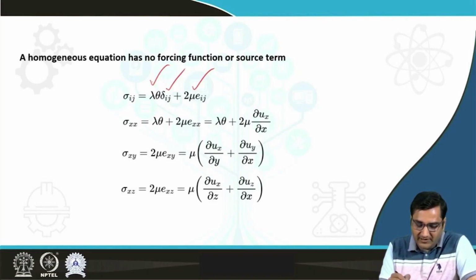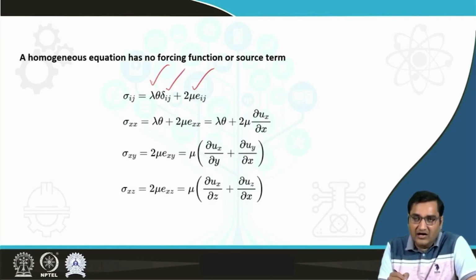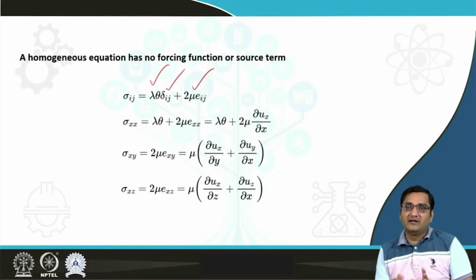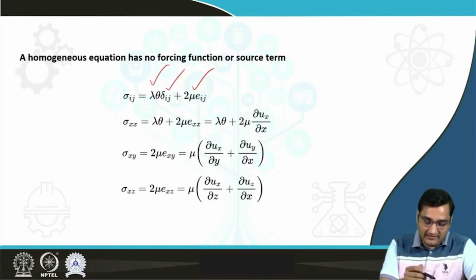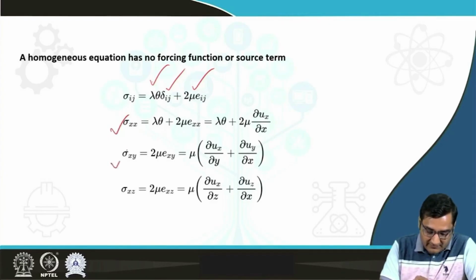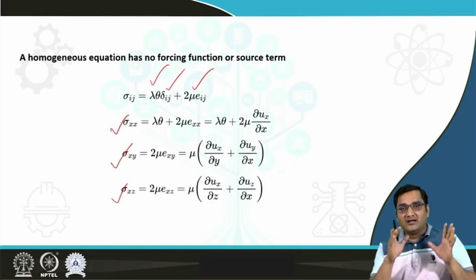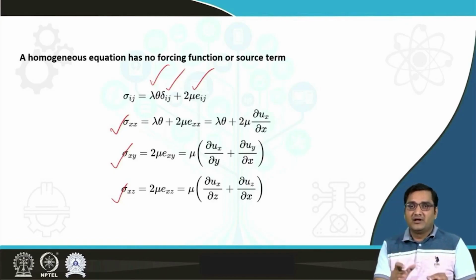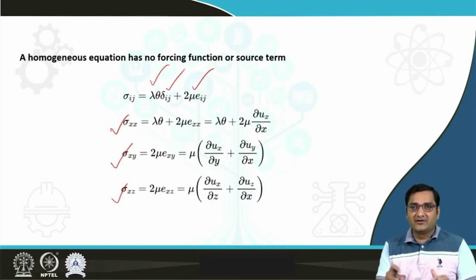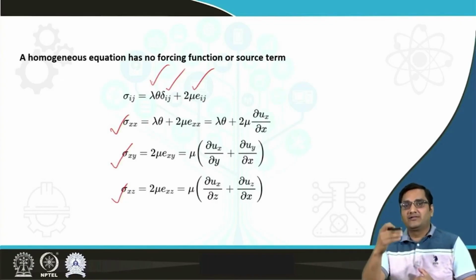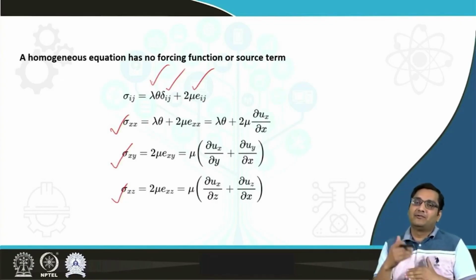If we expand it into the x direction, if we want to write the stress on the face that is normal to the x component, then there will be three components: sigma xx, sigma xy, and sigma xz. So we are going to derive the elastodynamic wave equation first for the x direction, then we will expand it to the y direction, and then also to the z direction.